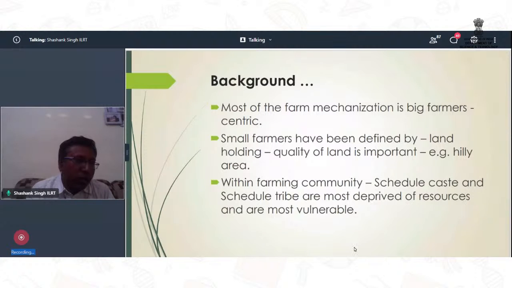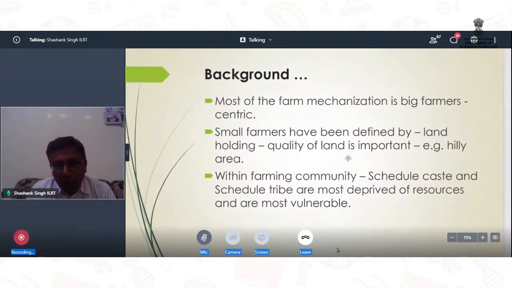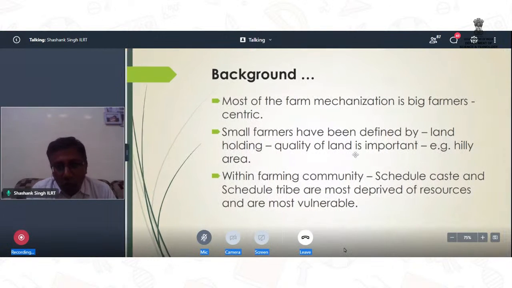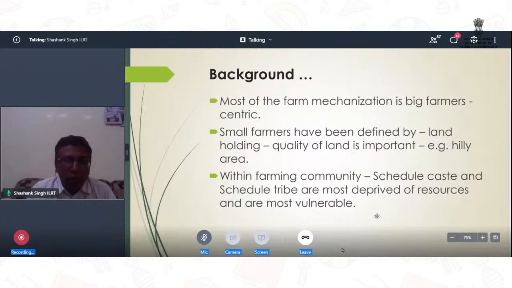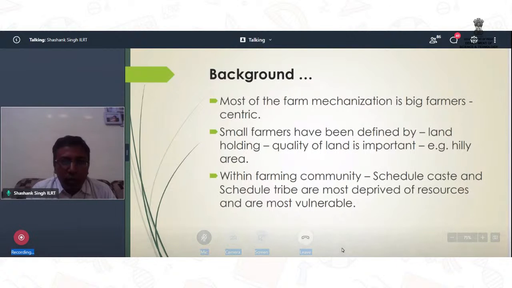But 2 hectares in Uttar Pradesh, Meghalaya, or Karnataka and the Deccan is not all the same. The quality of the land is important. And within the farming community, the scheduled caste and scheduled tribe are again the most deprived, not only with farm technology but with any other resources. They are the most vulnerable class. So in my presentation examples, I will be talking more about them. Next slide, please.